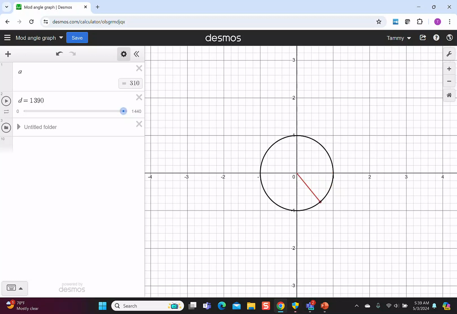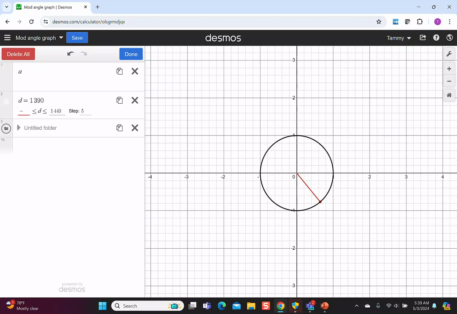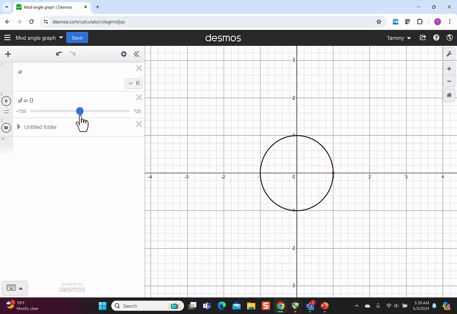If I wanted to change the settings and show that this also works for negative angles, and start again at 0. When I look at negative values, this gives me the equivalent positive angle. Here at negative 260, I can see I'm over in quadrant 2, and it says that's the same as 100 degrees.